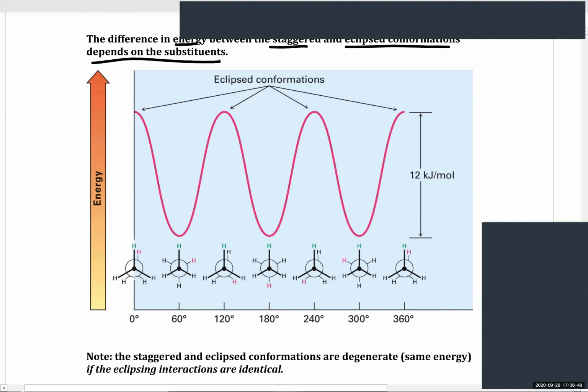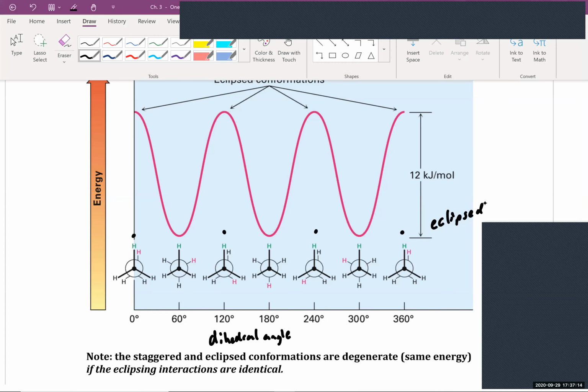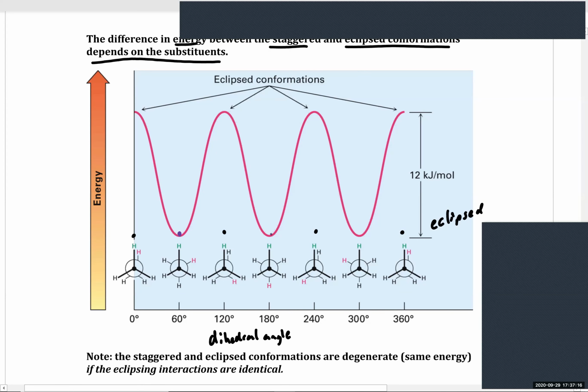Now, one thing you can notice, if we look at the energy as a function of dihedral angle, we have a series of eclipsed conformations and a series of staggered conformations.